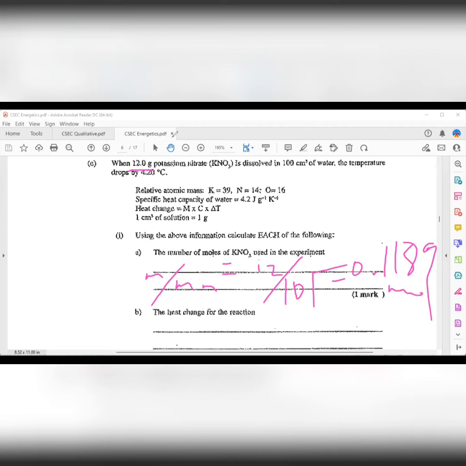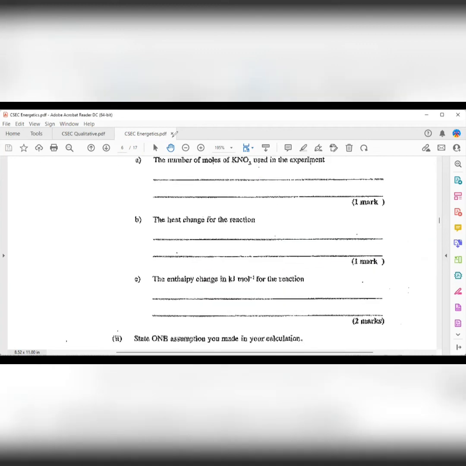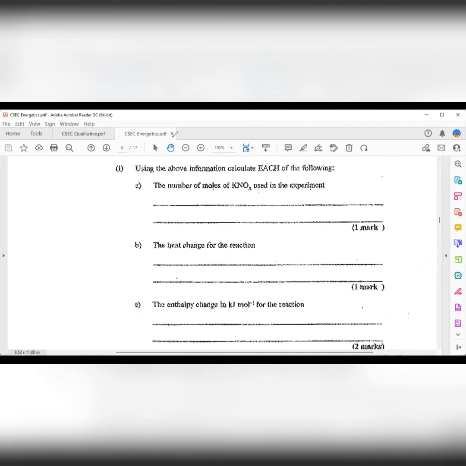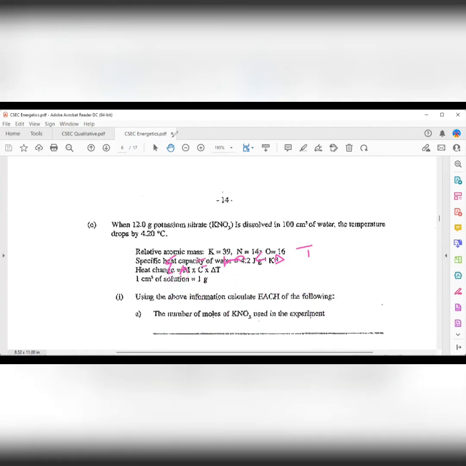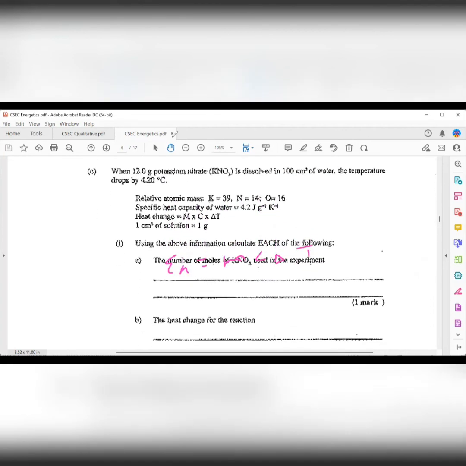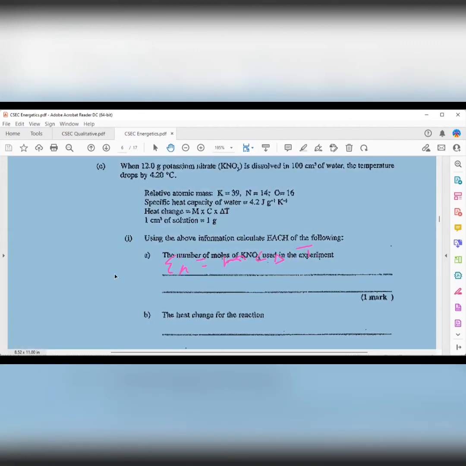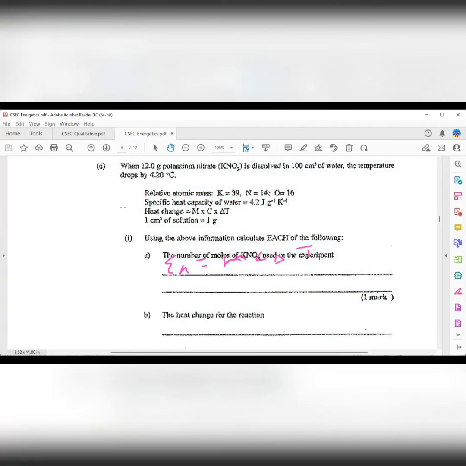The heat change for the reaction. So you're now supposed to calculate the heat change for the reaction. How do you do that again? Heat change is equal to MC delta T. M is the mass of the water. So let's go back up and see how much water was used. 100 centimeters cubed of water. So that's equal to 100 times 4.2.